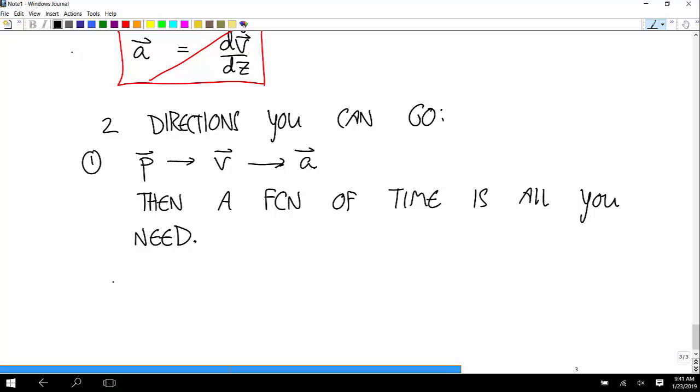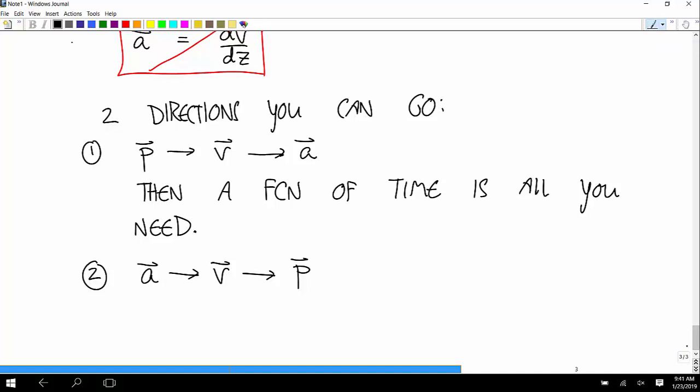If you're going the other direction, so if you're going from acceleration to velocity and/or velocity to position, then you're going to be using separation of variables.